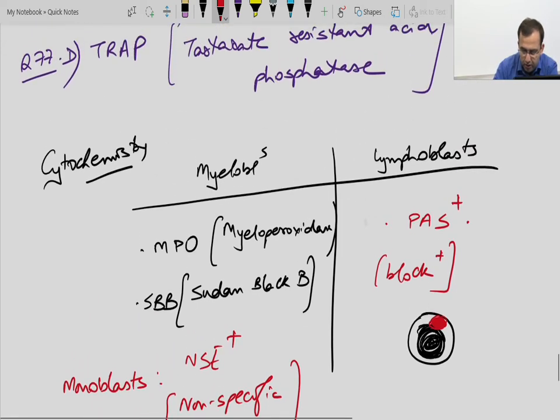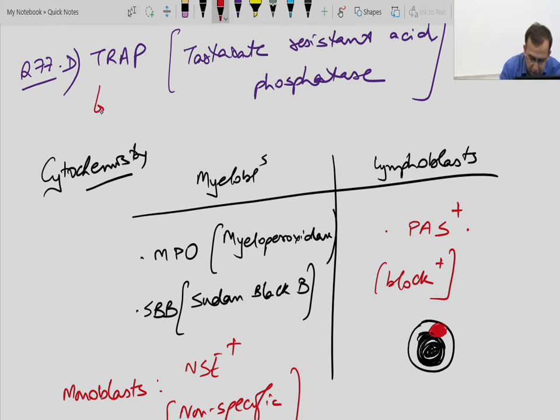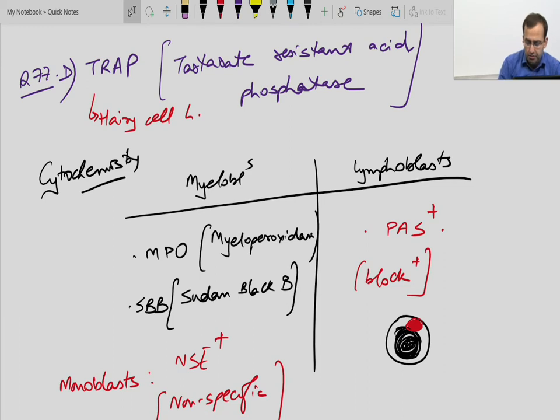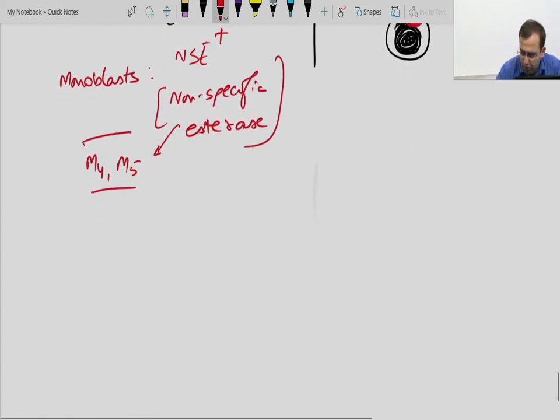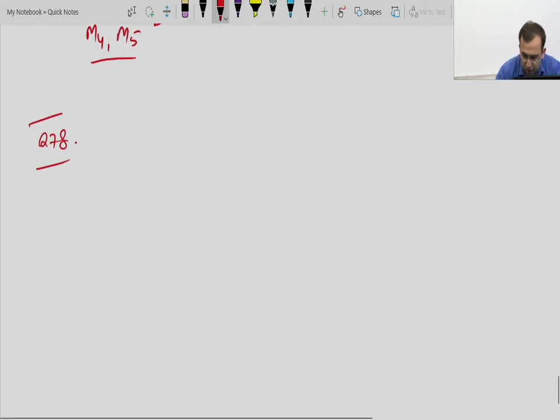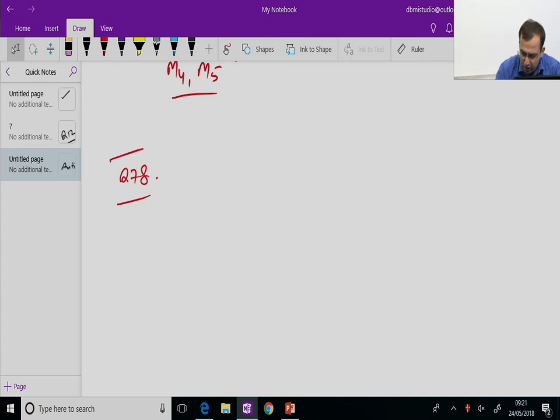Hairy cell leukemia is TRAP positive. So the cytochemistries: MPO and Sudan black B for myeloblasts, NSE for monoblasts, PAS for lymphoblasts, and hairy cell is TRAP positive. Done. This gets us to the next question, that is question 78.